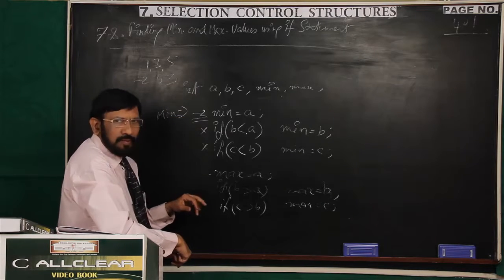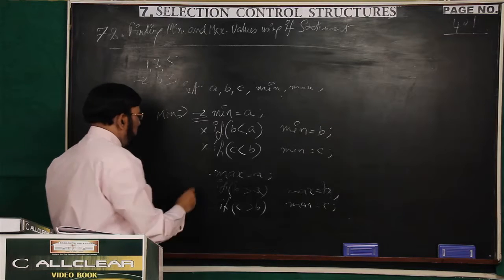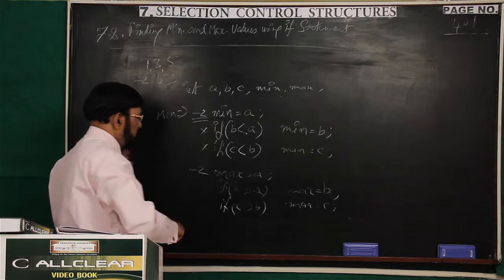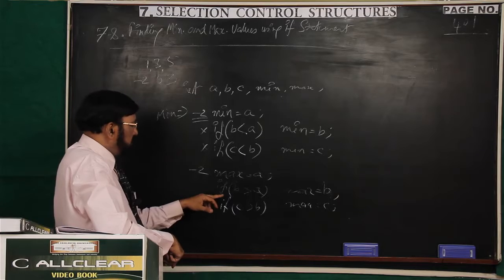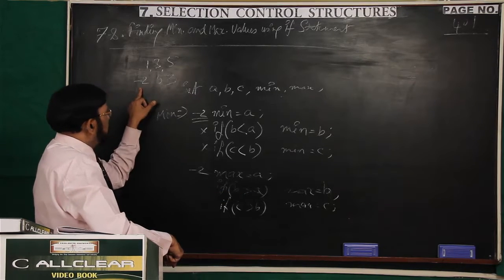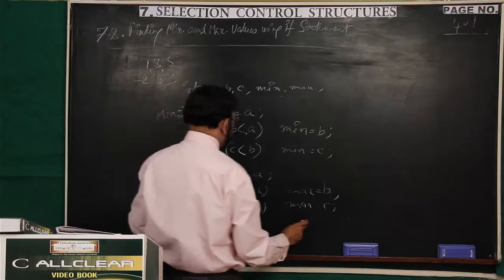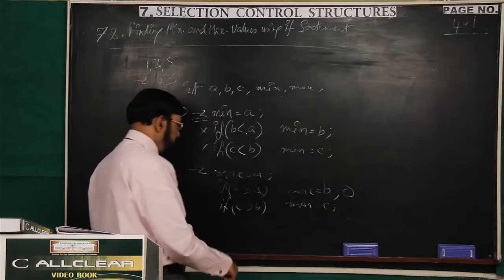Okay. Now let's come to max. Now what do we assume? Minus 2 is max. Then if B is greater than A, 0 is greater than minus 2, then what is max? Max is 0.